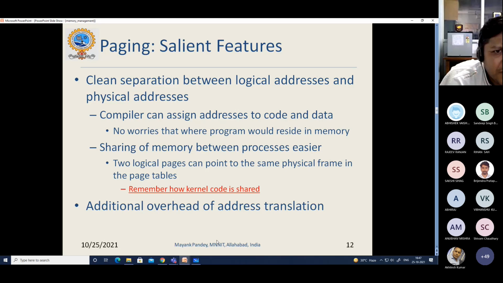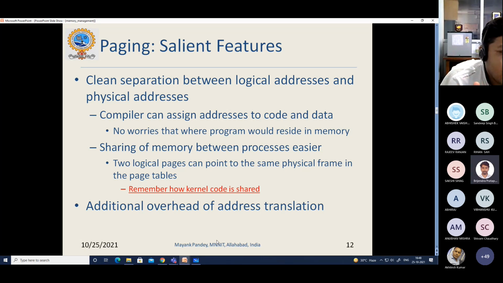Salient features of paging: clean separation between logical address and physical address. The compiler can assign addresses to code and data, with no worries about where the program will finally reside in memory. Sharing of memory between processes is easier. That is how kernel code was shared. Remember, Brijendra?